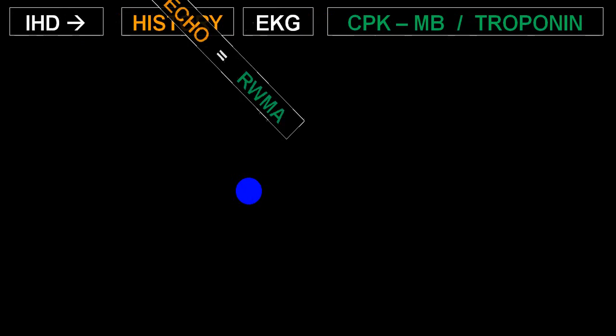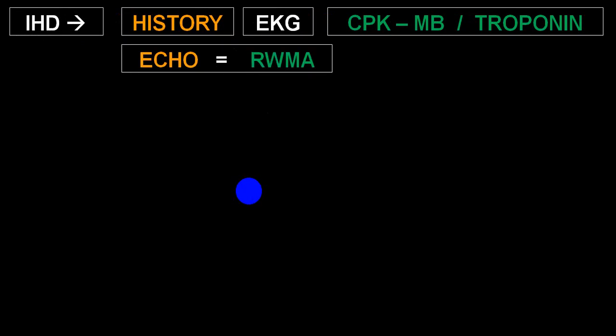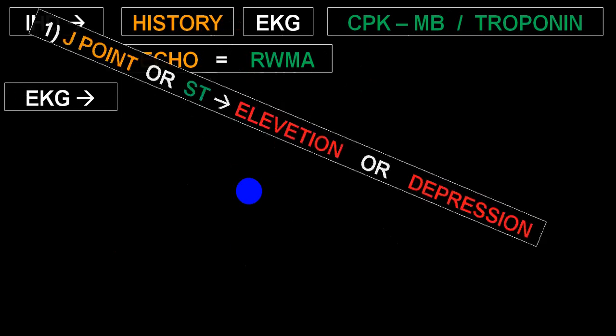So for ischemic heart disease, you require history, ECG, CPK-MB, troponin to confirm whether it is STEMI, non-STEMI or unstable angina. Echo will also help you by finding out regional wall motion abnormality. ECG we have already mentioned.